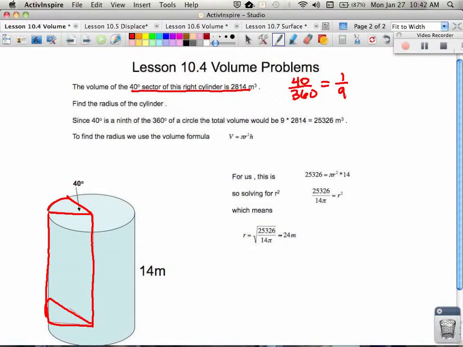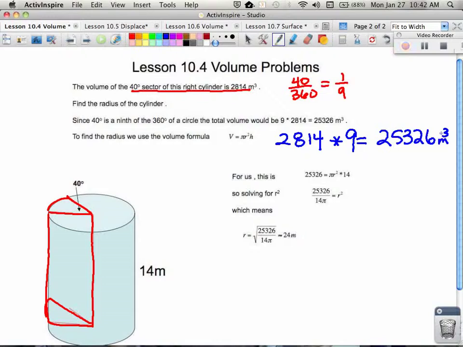So to figure out the volume of the complete cylinder, since I only have 1/9 of the volume present, I need to take the volume they gave me, 2,814 meters cubed, and multiply that by 9 to get the total volume of my cylinder, which is 25,326 meters cubed. That's why I'm multiplying by the 9.